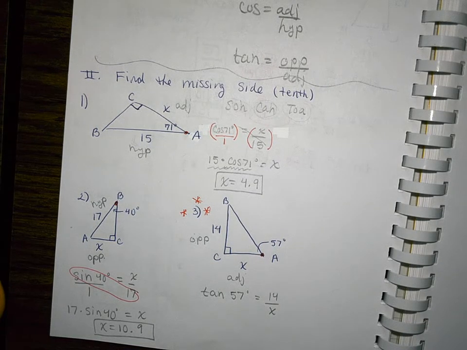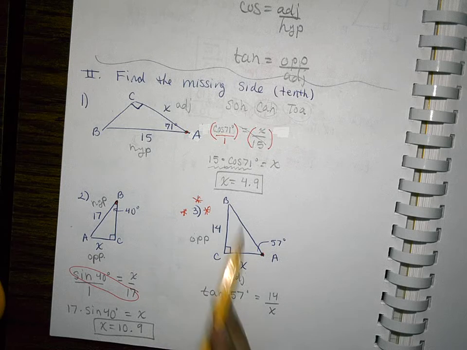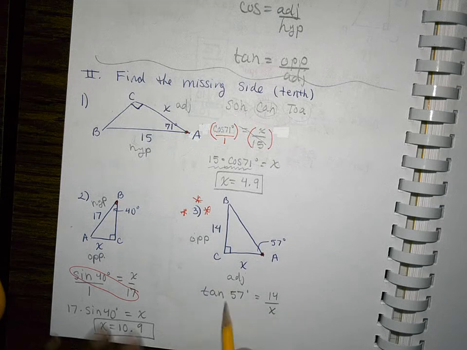Tangent, because we're dealing with opposite and adjacent. They didn't give us the hypotenuse, they didn't label it, so we didn't label it. Tangent of 57 is 14 over X. I'm going to put a 1 under here and cross multiply.